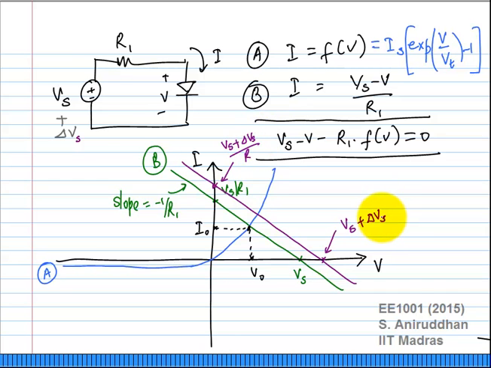It's Vs plus delta Vs. And this new intersection point will give me the new V and I, that is the state of the circuit. Is that clear so far? Any questions?